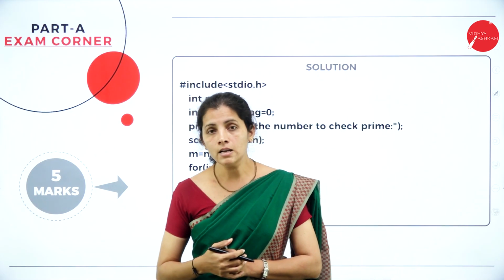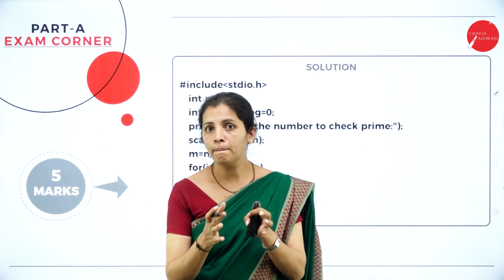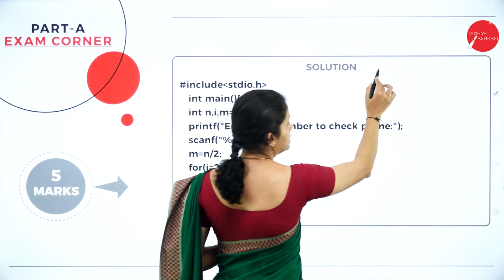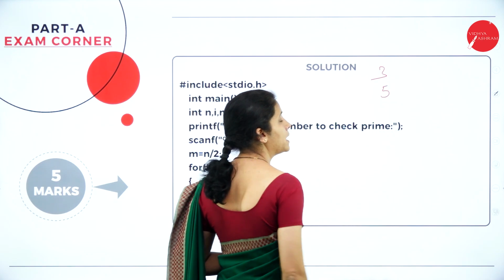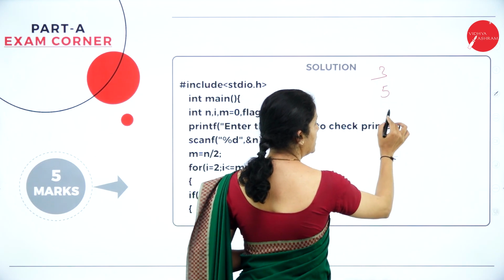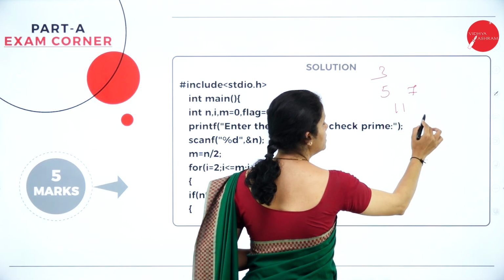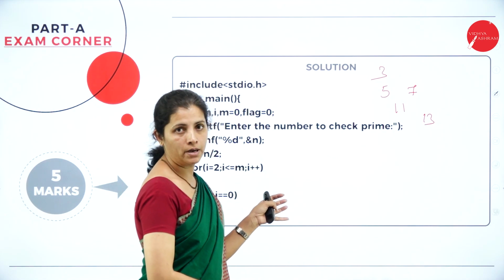A number that is divisible by 1 and the same number. 3 is a prime number, 5 is a prime number, then 11, 7, 13, these are examples for prime numbers.